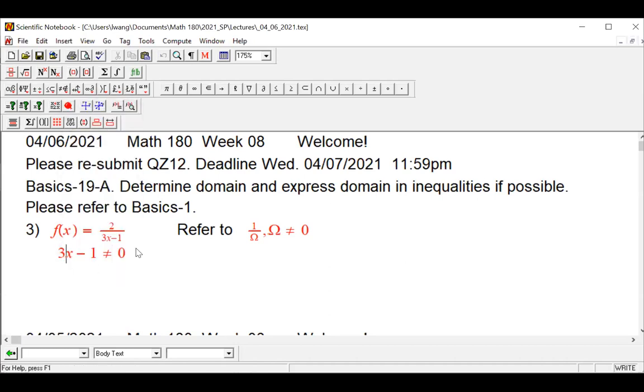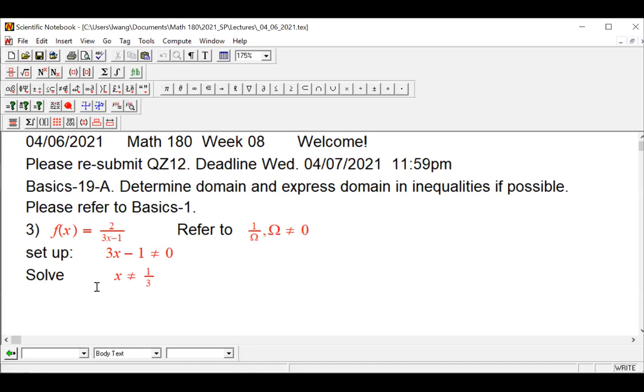And then we solve that inequality. What we end up with is, adding 1 on both sides and dividing both sides by 3, x cannot equal 1/3.